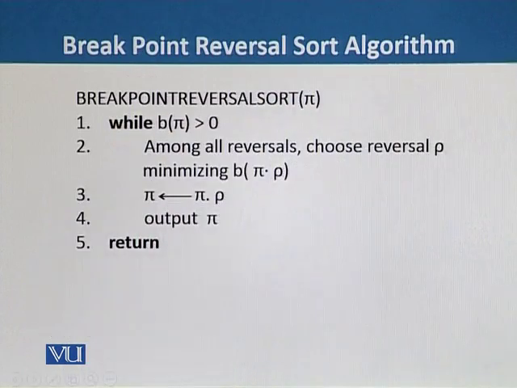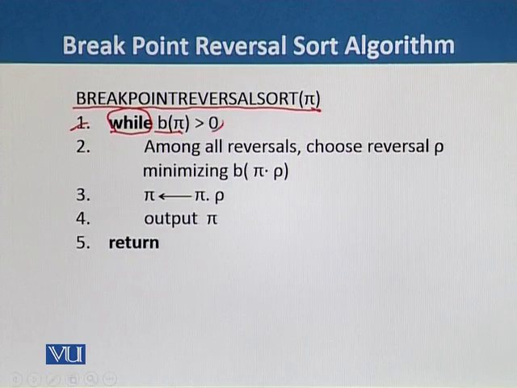So here we can see the algorithm that defines the breakpoint reversal sort. It is a 5-step algorithm. In the first step, the while loop will start, and in the while loop, b(π), the breakpoints, should be greater than 0.